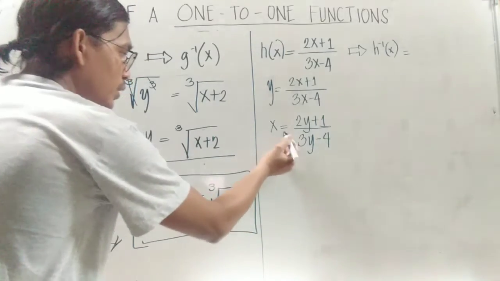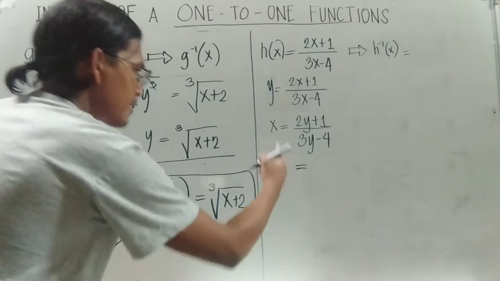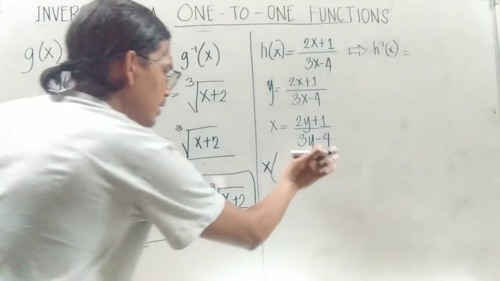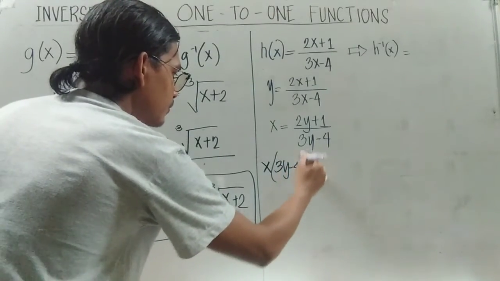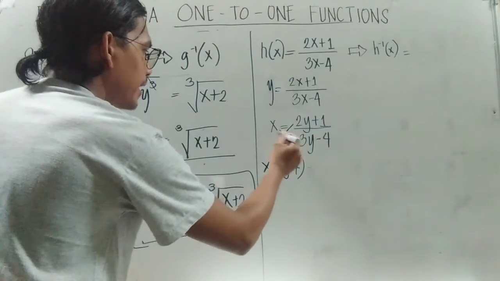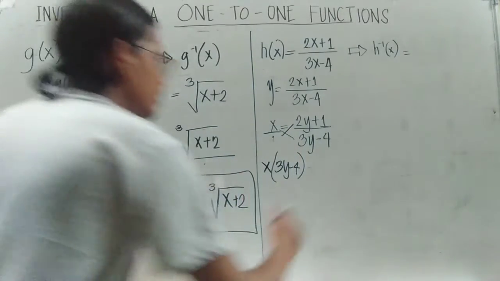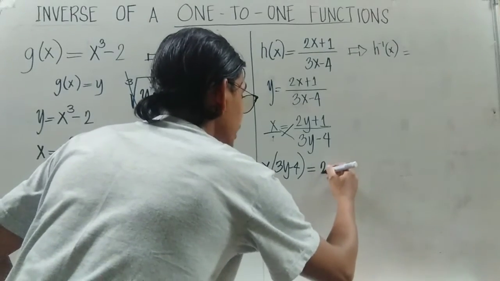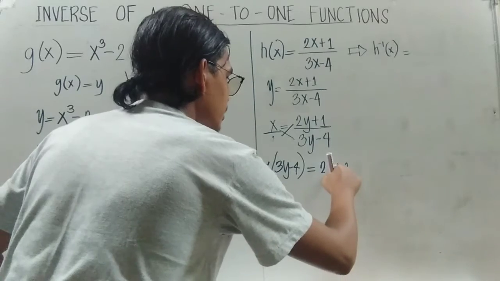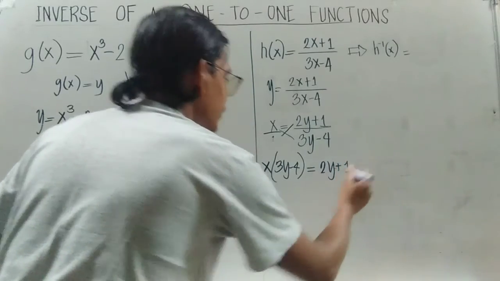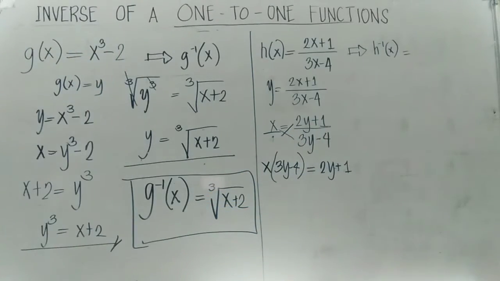The denominator of x is 1, so we write x times the quantity, cross multiplying, 3y minus 4. But the denominator of x is 1, so it is understood to just copy 2y plus 1, because any number multiplied by 1 is equal to that number.